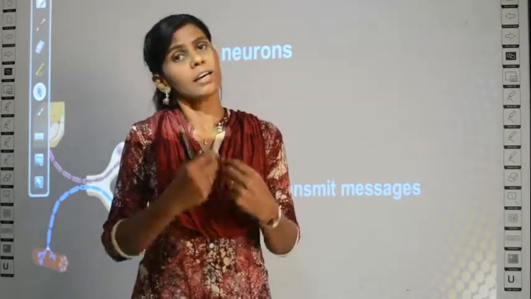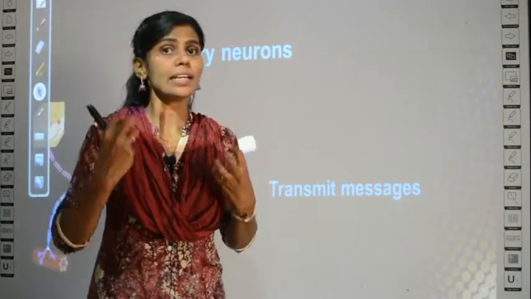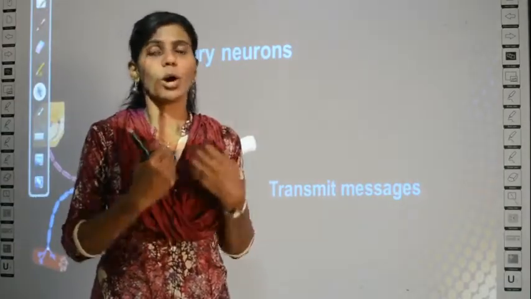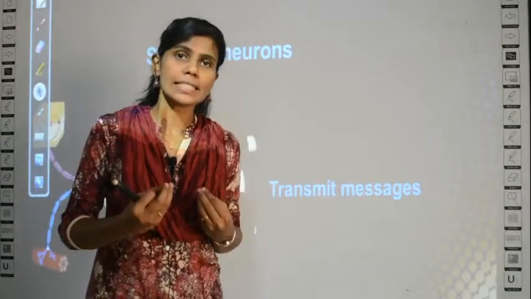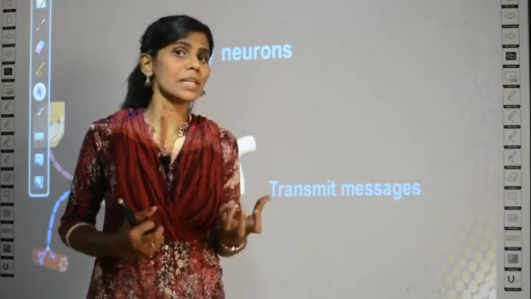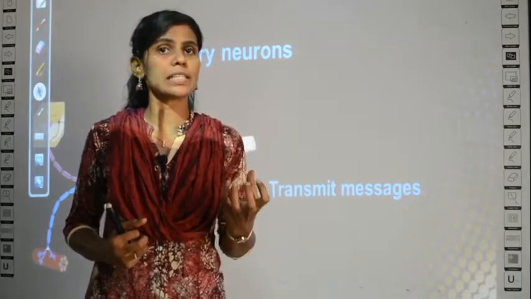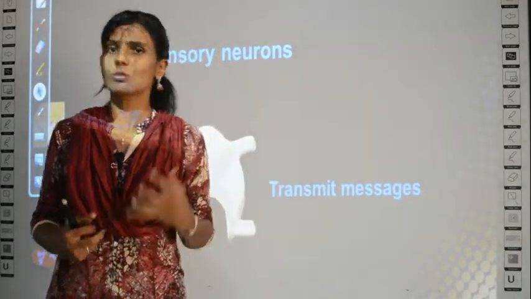Similarly, your body also has many wire-like structures called neurons or nerve cells that can carry messages. The technical term is electrical impulses. This also you have learnt in your previous class, right? So electrical impulses carry messages. What messages?